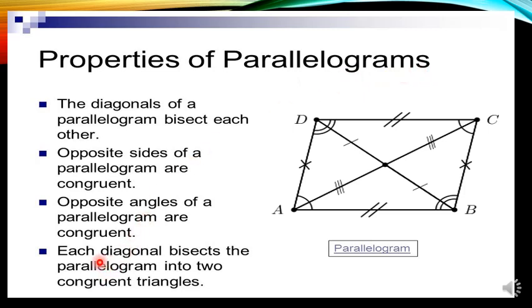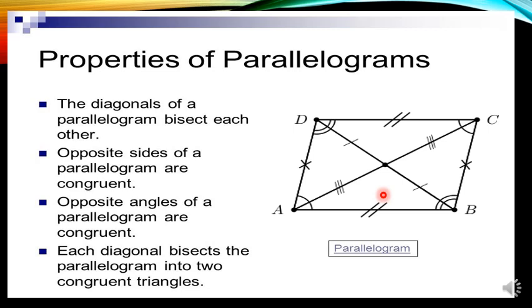The next property: each diagonal bisects the parallelogram into two congruent triangles. For example, if I consider only AC as the diagonal, forget about BD, you see only AC. Now this is dividing the parallelogram into two triangles, isn't it? That is ADC and ABC. So any diagonal divides the parallelogram into two congruent triangles.